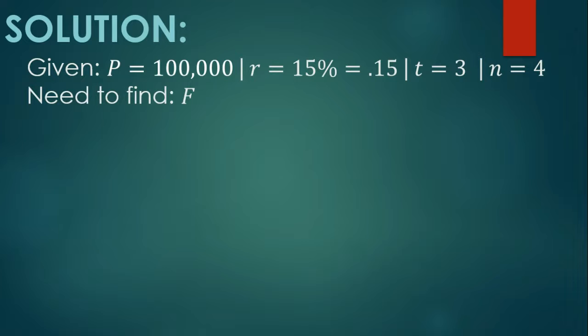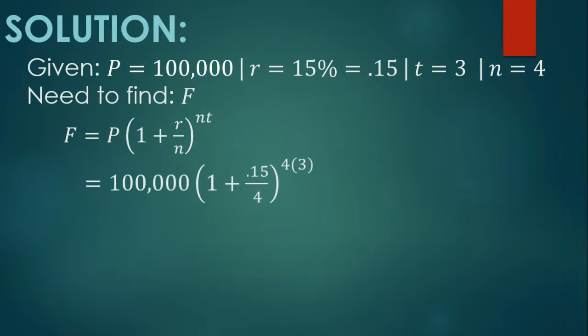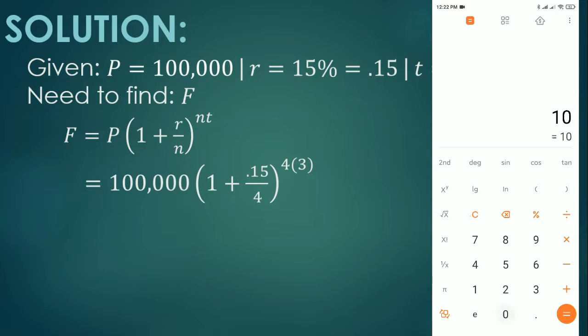We need to find the value of F since the future value is the sum of the principal and the compound interest. So we have F is equal to P times 1 plus R all over N raised to NT. We substitute the given: 100,000 times 1 plus the value of R is 0.15, the value of N is 4, raised to the product of N and T, which is 4 and 3.